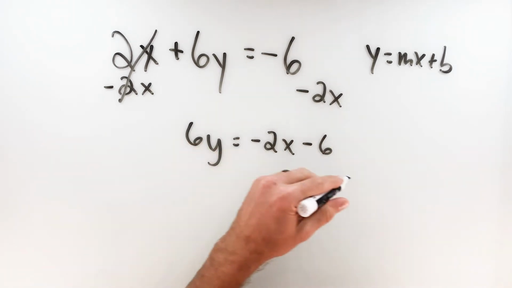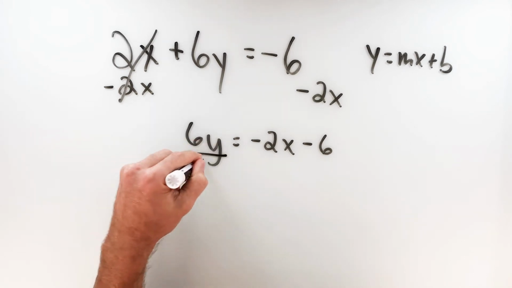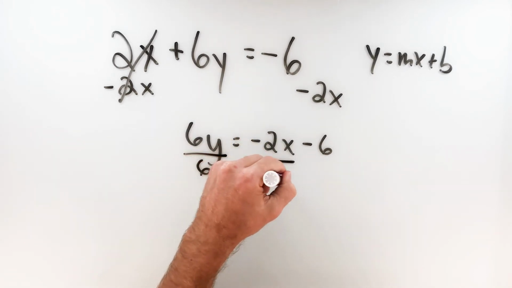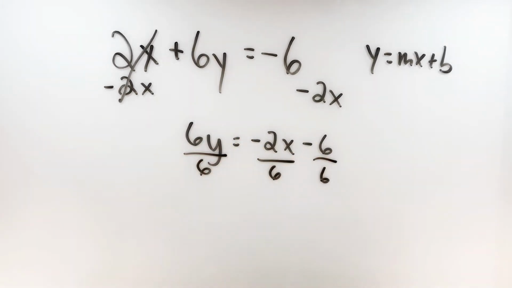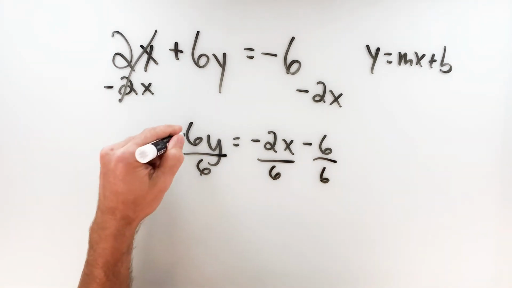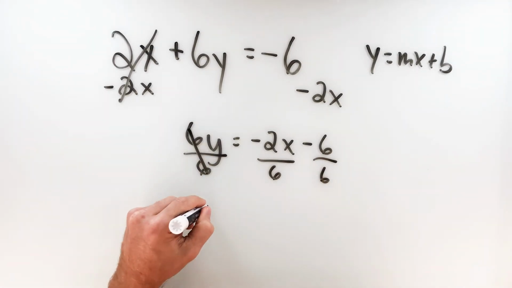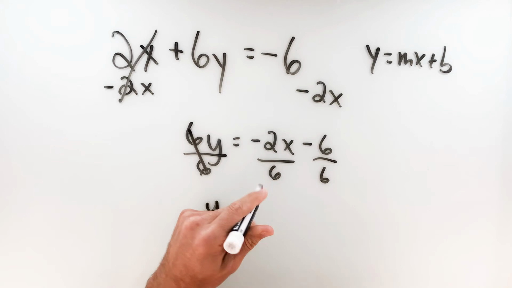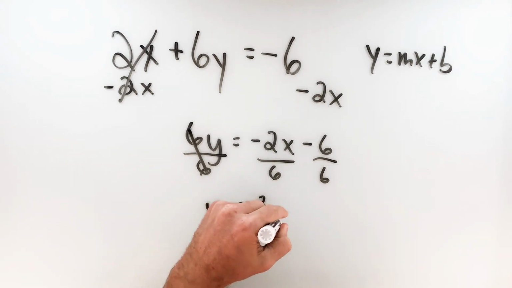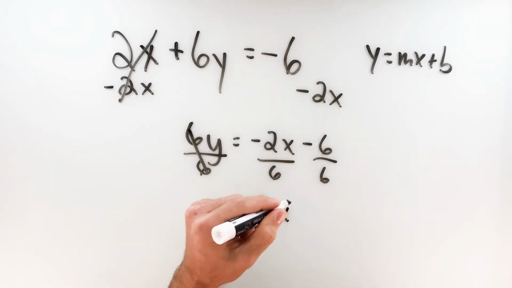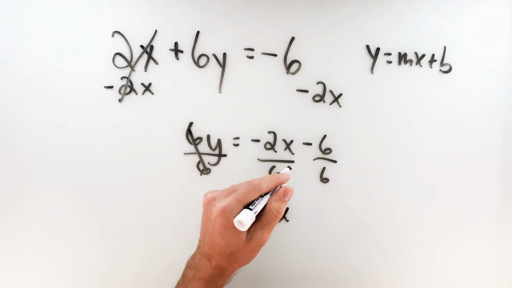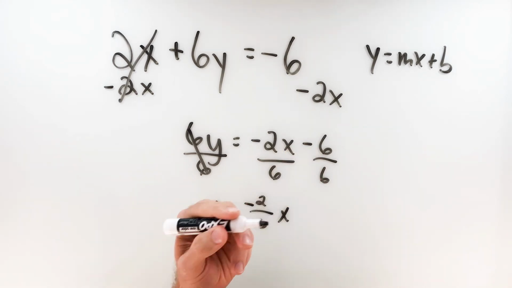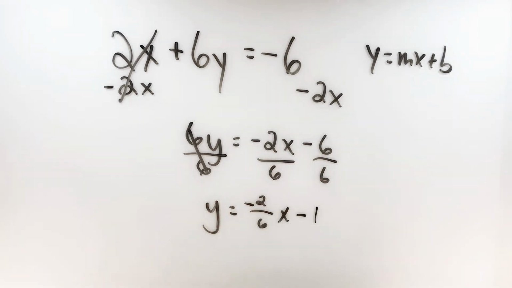I'm going to divide everything by 6 to get rid of that 6. So I'm dividing everything by 6. 6 over 6 is just 1, or 1y. I've got negative 2 over 6x, and then negative 6 over 6. Go ahead and divide that. Negative 6 divided by 6 would just be negative 1. So I've got y equals negative 2 over 6x minus 1.